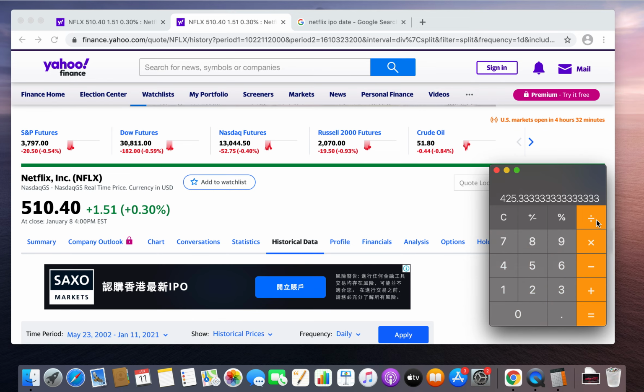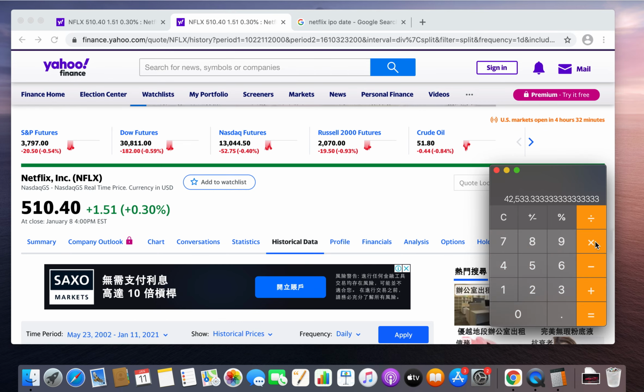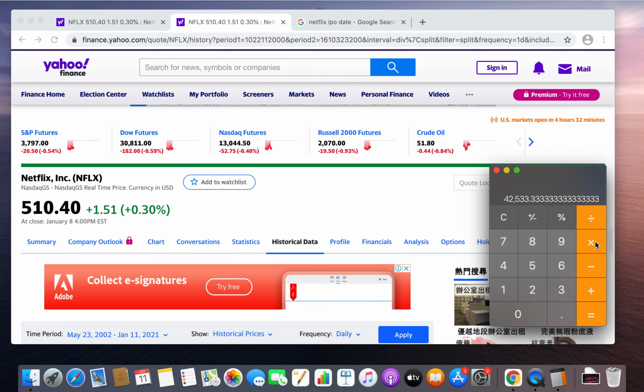So that is a return, or if you want to make it into percent, you multiply by 100. So that's a total return of 42,533%.